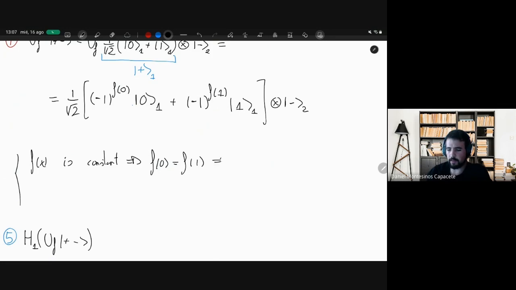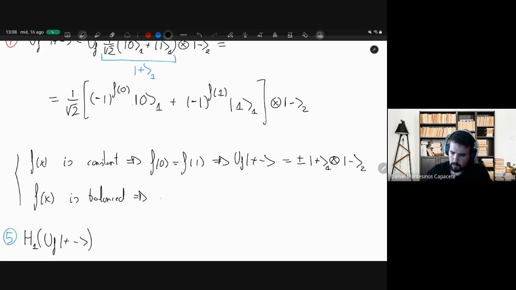So at the end, the state that we have here is going to be just the plus state and the minus state. Yes, 1 and 2 here is 0. And if it is balanced, this means these guys are different.